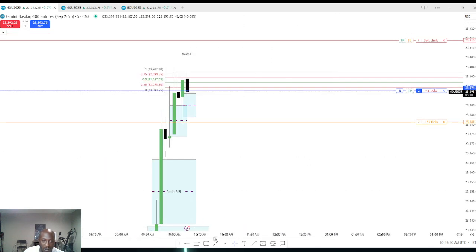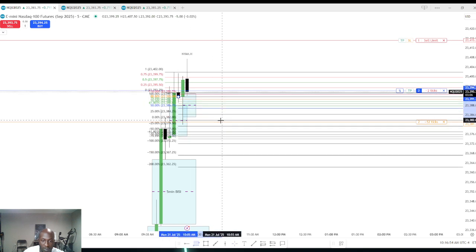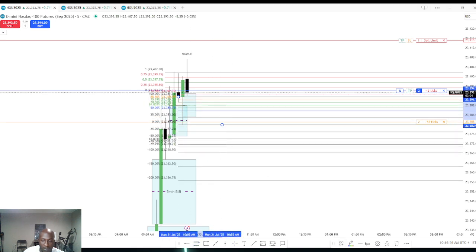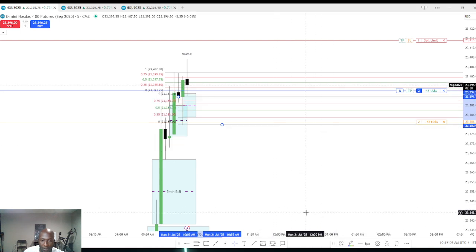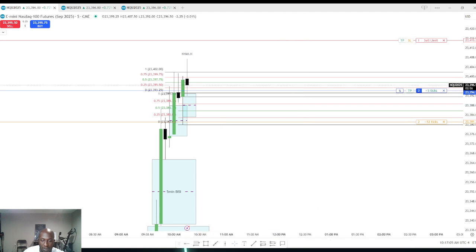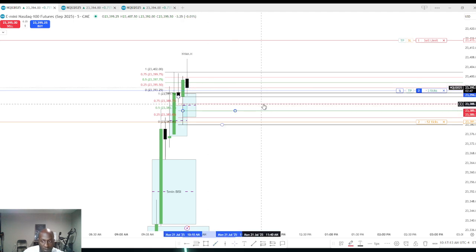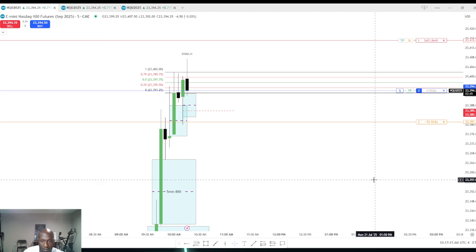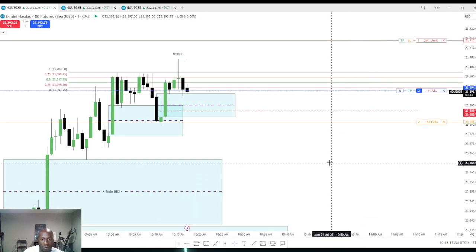So this is a 5 minute. I'm going to measure this said wick. Quarters. And then this would be consequent encroachment of this wick right here. We'll go down to 1 minute.